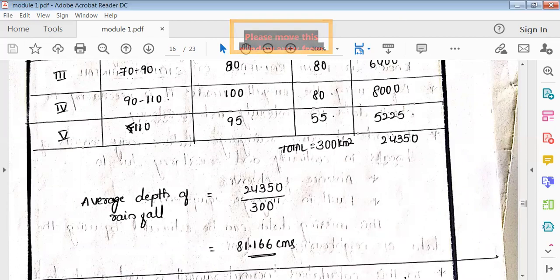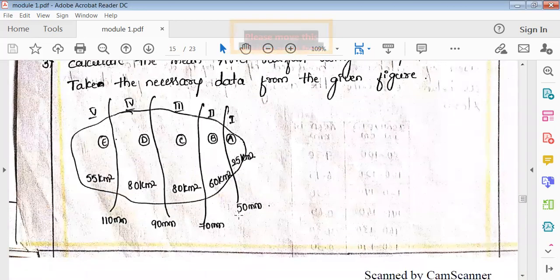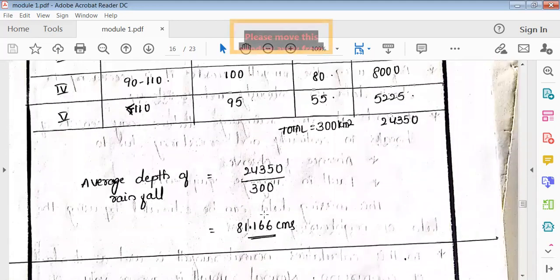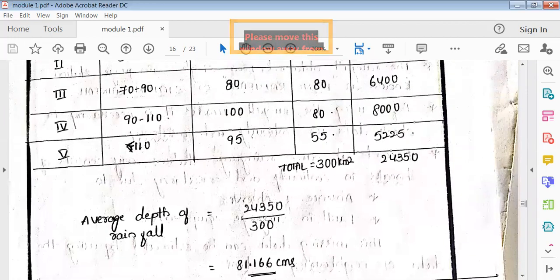Here is a necessary correction, because this is not in centimeter. See here, this is given in terms of mm, so you have to write this in terms of mm. So P is in mm, mm kilometer square divided by kilometer square. The kilometer square will cancel, so you're left with 81.16 mm, or 8.11 centimeters.